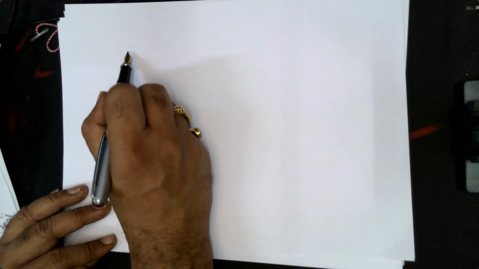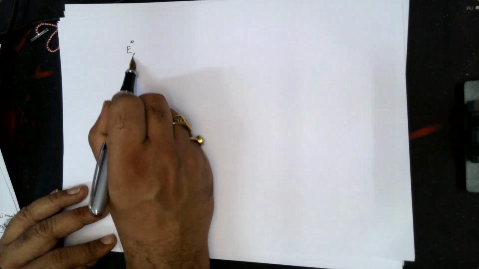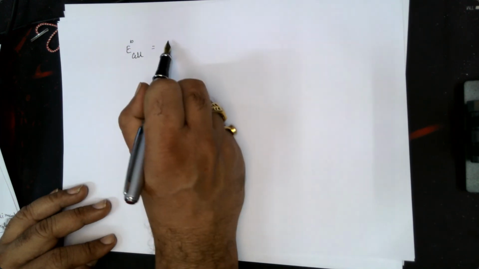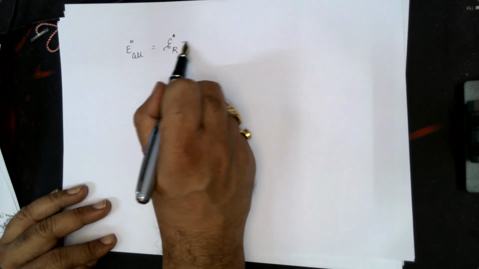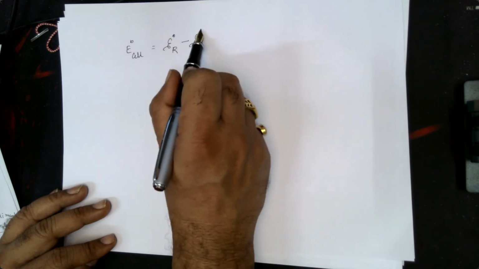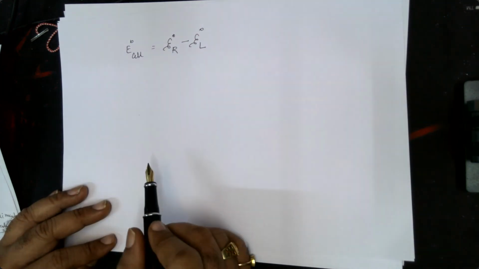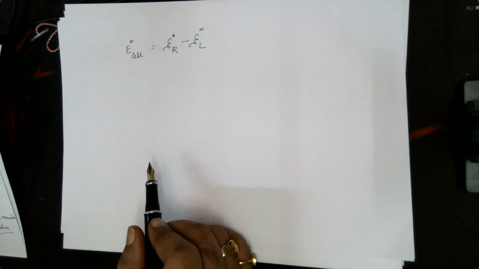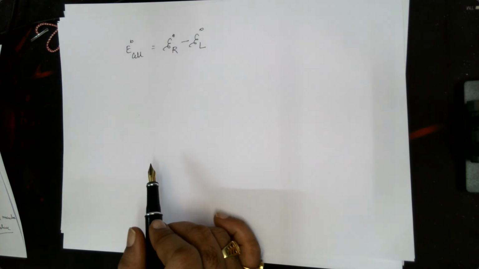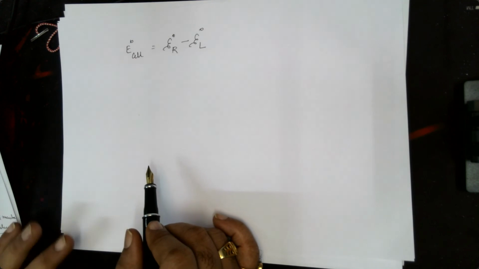I already suggested E naught cell is equal to E right electrode minus E left electrode. This is irrespective of oxidation and reduction, just based on the cell notation and the position of the electrode.